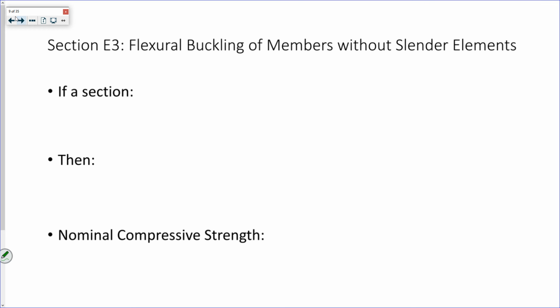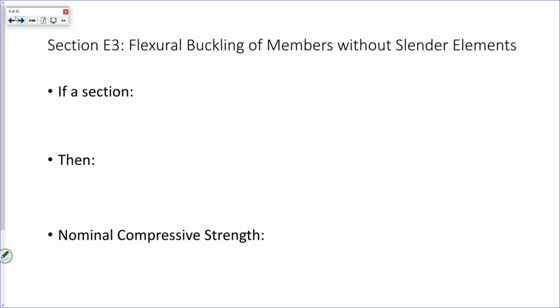So section 3 focuses on flexural buckling of members with slender elements. So flexural buckling only. You can tell from the user note, right?